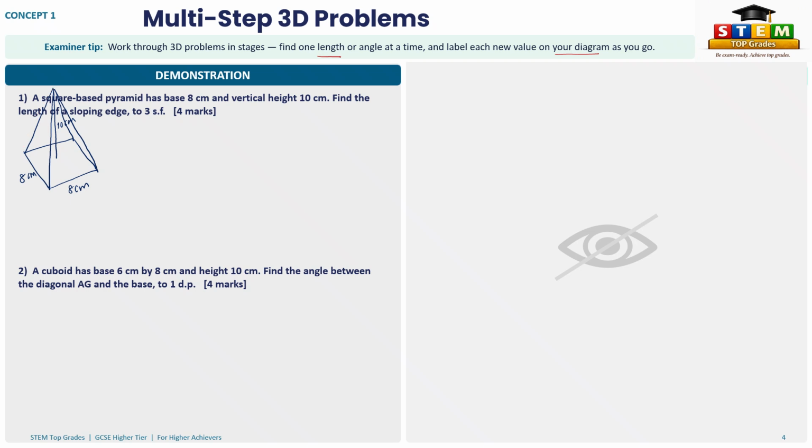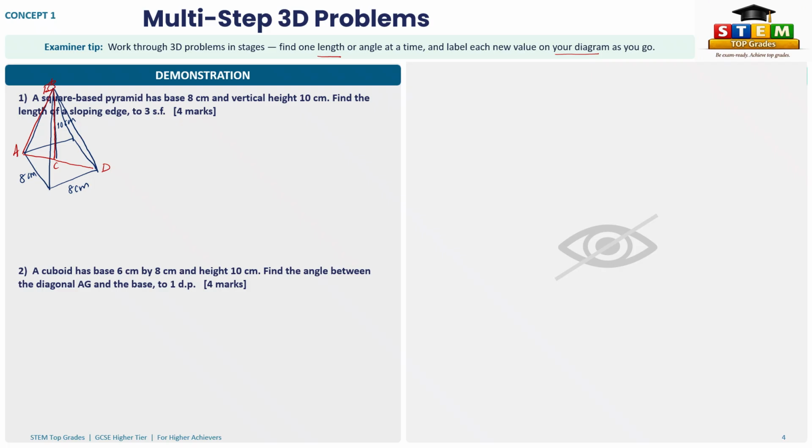So the triangle for this is going to be that. Now I can call this A, B, and C. But I can't find AC as it is, so I would rather extend that up to point D.